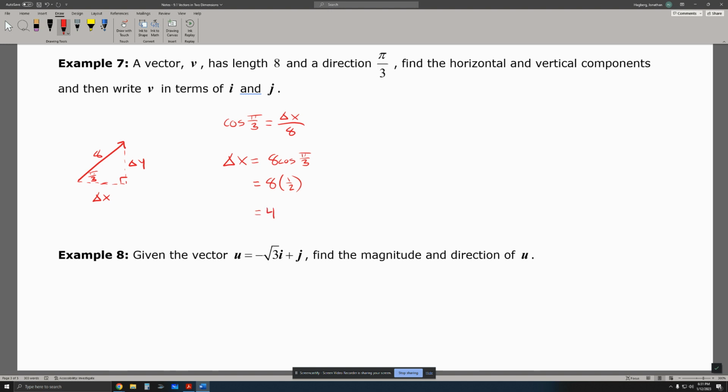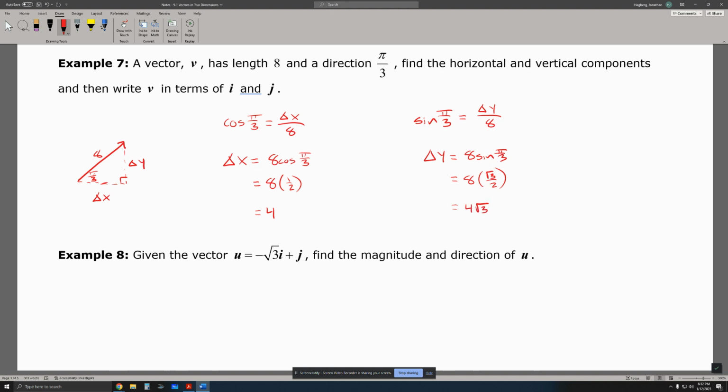For the delta y, we can set up a sine equation. So sine of pi thirds is equal to delta y over 8, opposite over hypotenuse. Therefore, delta y is equal to 8 sine of pi thirds. And we know what sine of pi thirds is. That's √3 over 2. And so we have 4√3 as delta y.